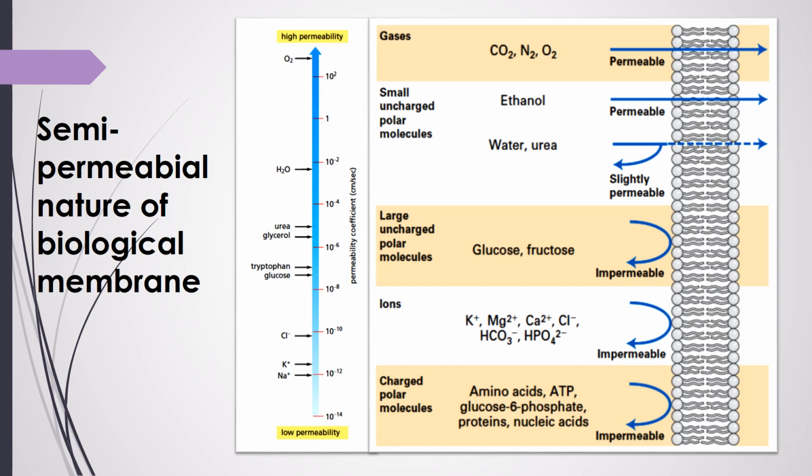If cellular membranes were pure phospholipid bilayers, as I showed you earlier, they would be excellent chemical barriers, impermeable to virtually all ions, amino acids, sugars, and other water-soluble molecules. In fact, only a few gases and small uncharged water-soluble molecules can readily diffuse across a pure phospholipid bilayer.